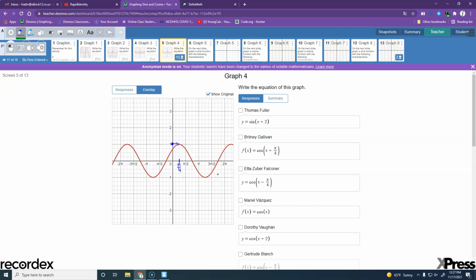So if we shift to the right pi over 4, what do we have to do in our parentheses? Negative. So between Brittany and Etta here, Etta is the one correct because she has that minus right there. So for cosine, it would need to shift to the right pi over 4, which means you need a minus right there. Let's go down here and look at some of these that have sines.